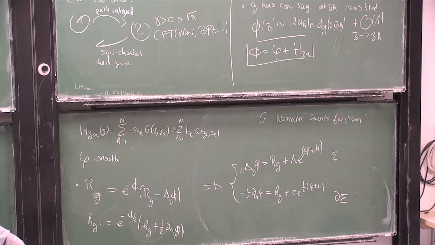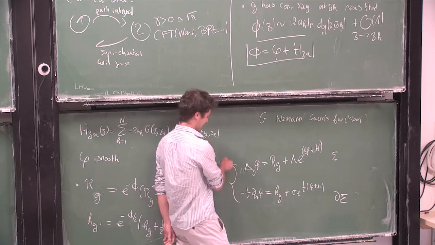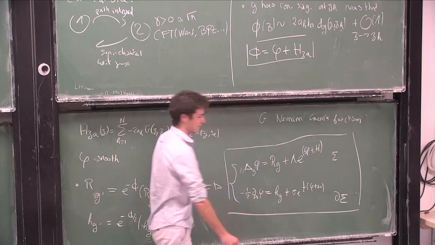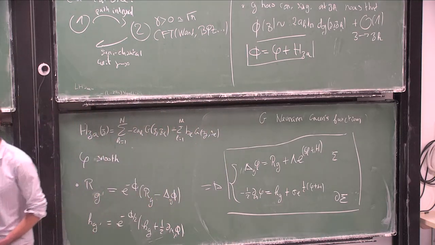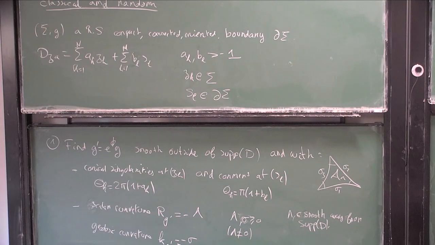So this is something that you want to do now. The question is, how do you solve such a PDE? First of all, you may want to find some necessary conditions for the solution to this problem to exist.